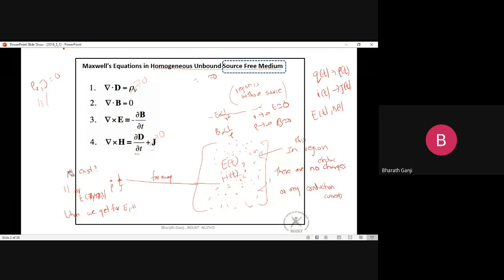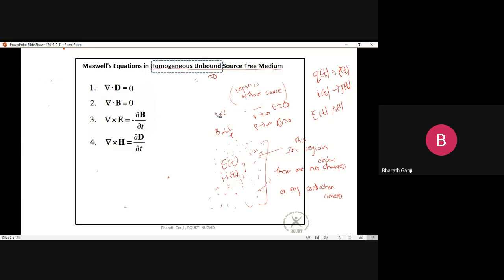Okay, so starting with this scenario, let me go one step ahead. If I choose a source free region, I have to make these values go to 0.